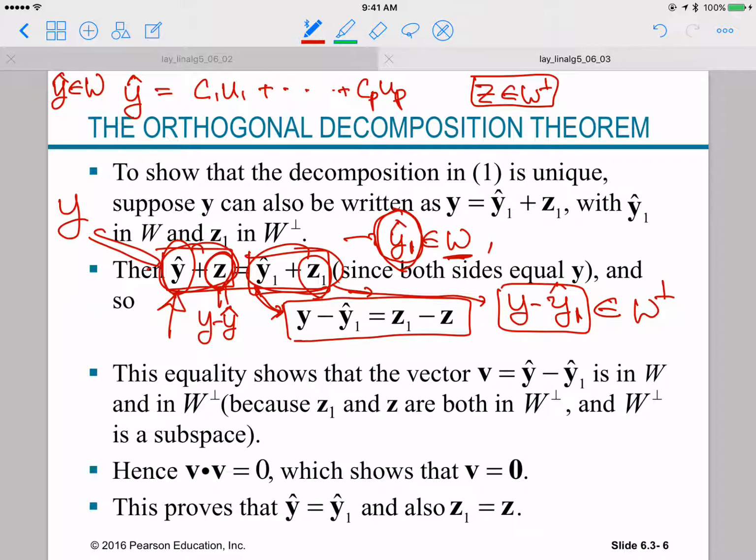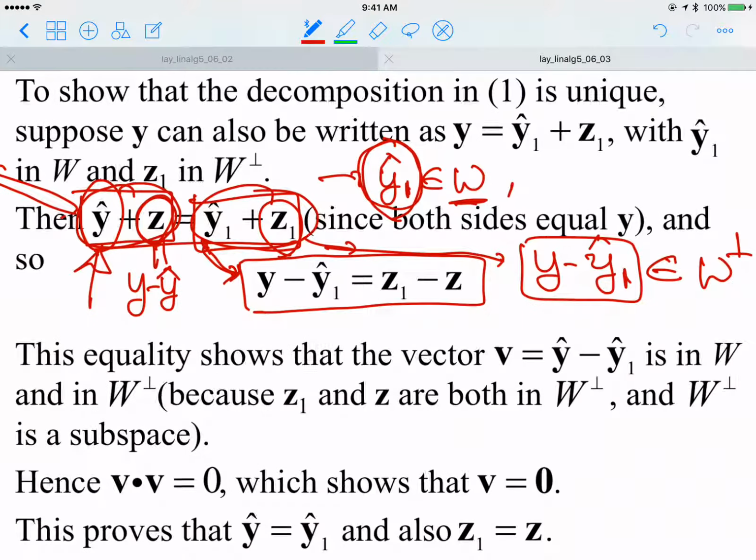From this equation we can see the left hand side, which is y minus y1 hat, so there is a typo here. It should be y hat minus y1 hat should be equal to z1 minus z.